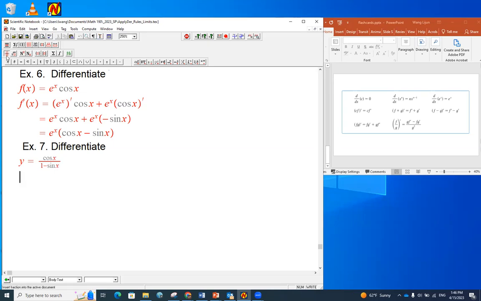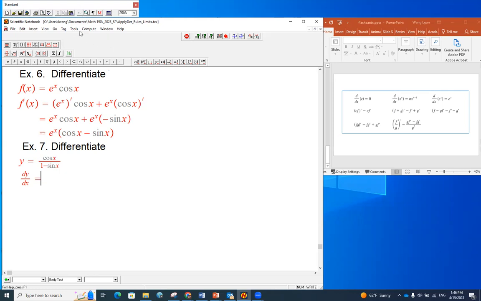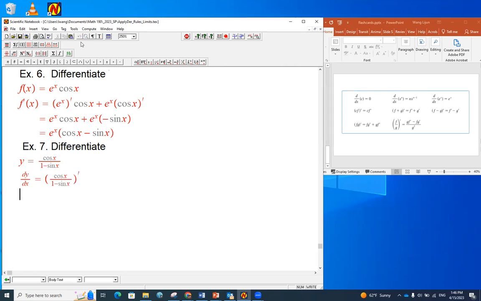And we take the derivative of y, that is, differentiate this piece. Make sure you use the notation properly. Quotient rule right here.